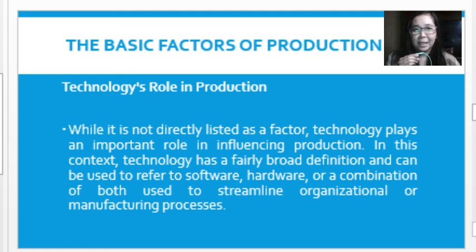However, in the recent years, when technology rose and is now being used, it was now considered as part of the factors of production, because we all know that technology makes production process faster. It also makes the process more efficient and effective. So that's why we now include this technology as part of the basic factors of production.